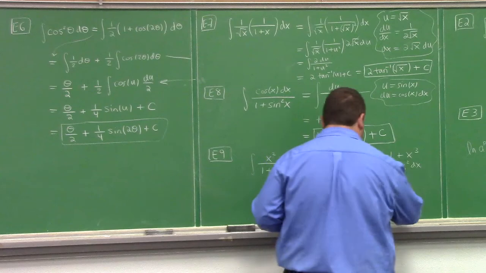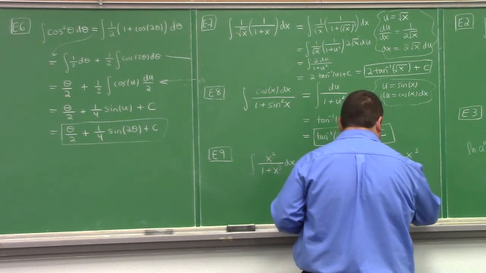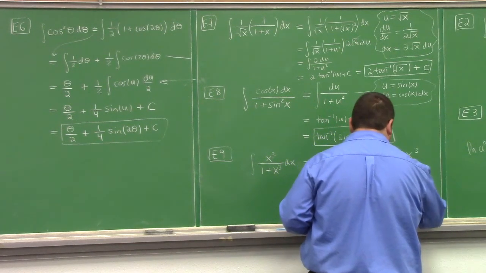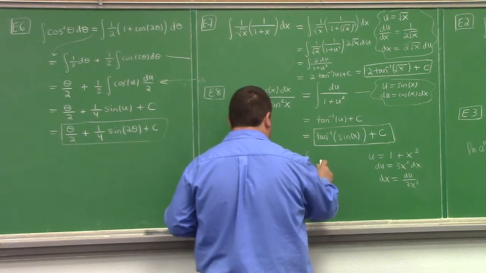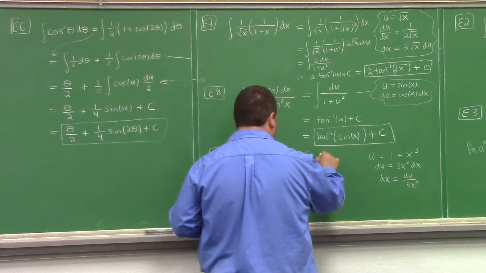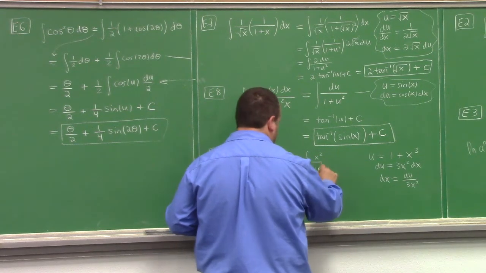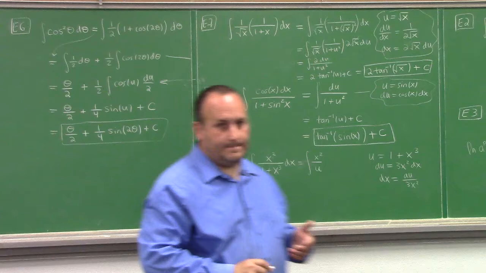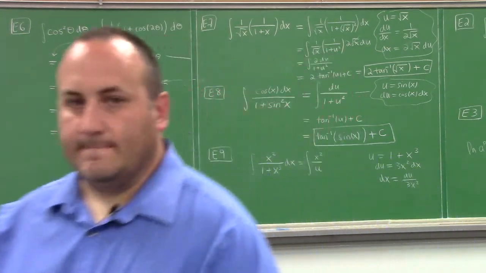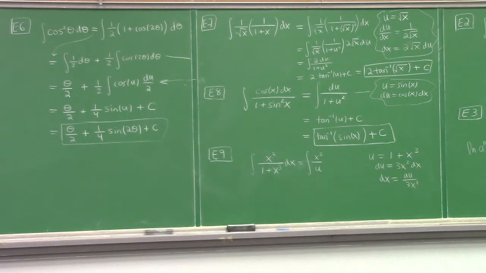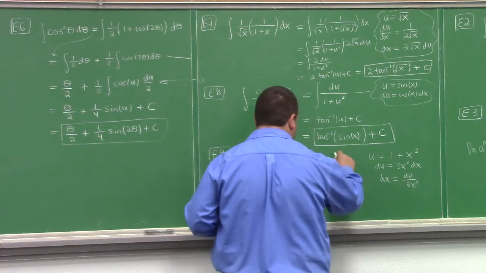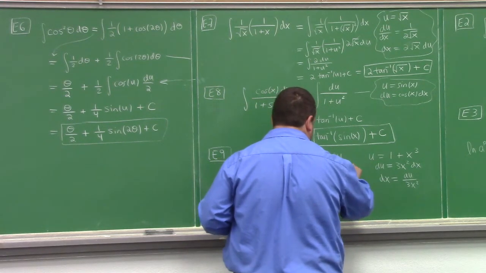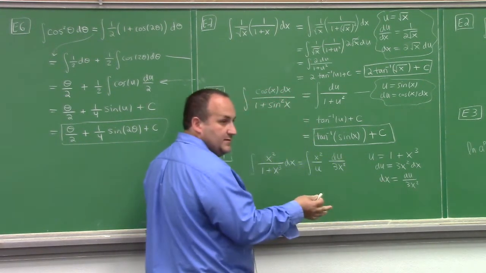So that makes dx equal to du over 3x squared. So we've got the integral of x squared, this is u, and what's the dx? Well, the dx is du over 3x squared. So it was a good choice.